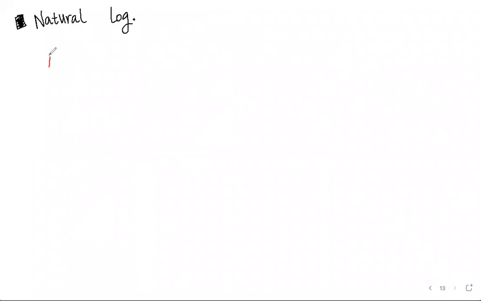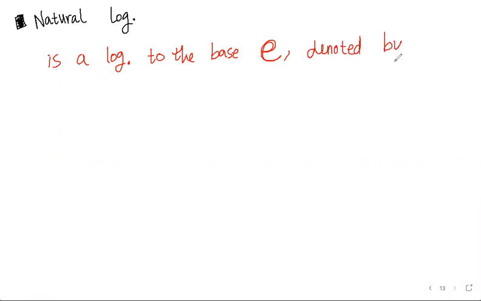So here is a logarithm to the base e and is denoted by ln. So when you see ln of x, this means logarithm with base e of x.